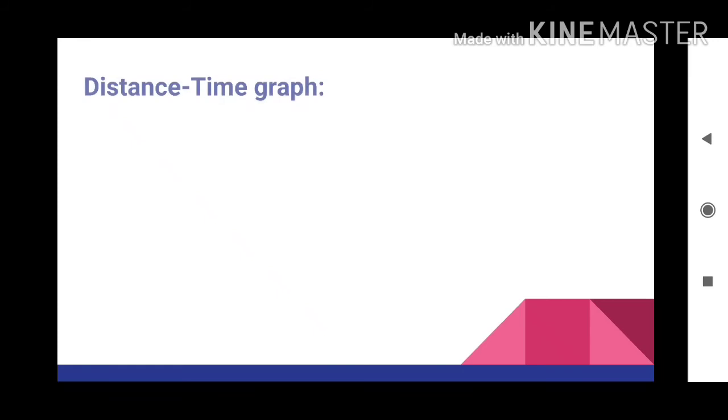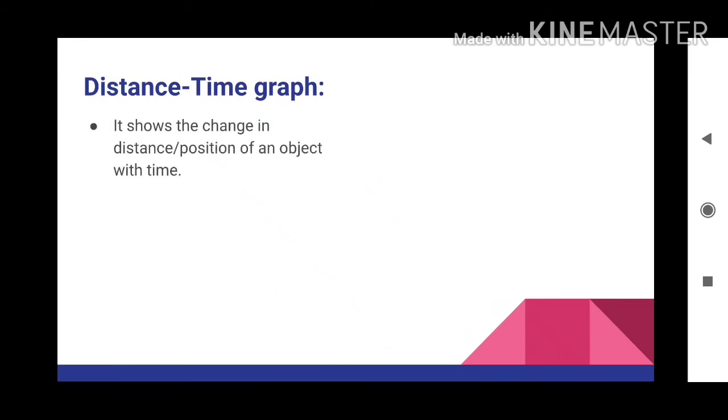Now, distance time graphs. The distance time graph shows the change in distance or position of an object with time. In this graph, time is always taken along the x-axis and distance is always taken along the y-axis.